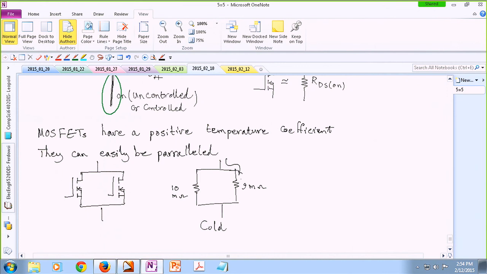It is going to get warmer therefore because there is more losses associated with that. And because it gets warmer, it actually increases faster. So you get to a point that this is like 10.5 milliohms because they are both going to get warm anyway. But the 9 milliohm one is going to get warmer and therefore it's going to rise more.